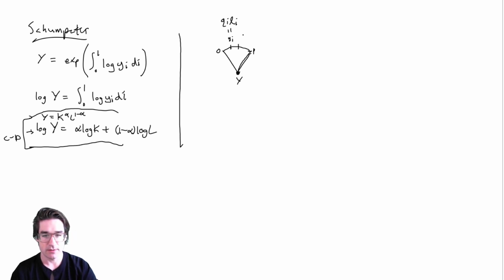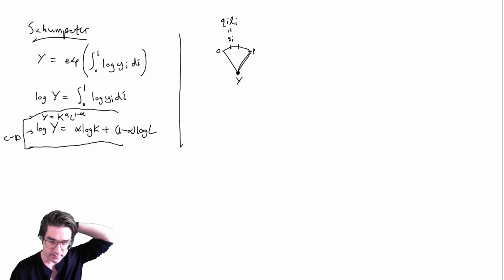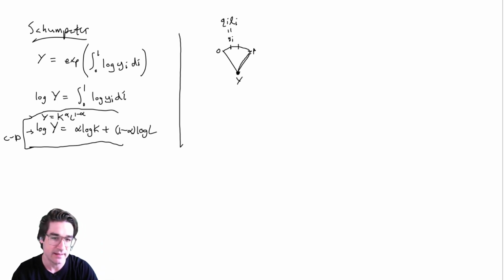Before we would just have yi equals li, and this upper bound n was expanding. Now the upper bound is a constant number of products. These qi's are what's getting better. We're getting better at making these products.